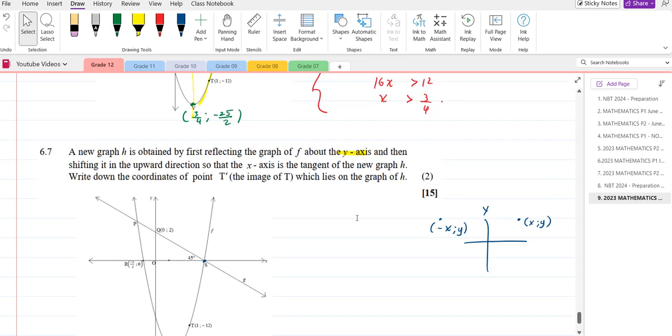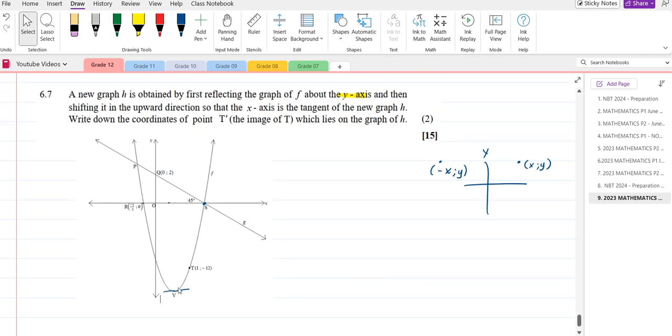And then shifting it in the upward direction so that the x-axis is a tangent to the new graph h. So in other words, you need to shift it by 12.5 upwards. Right, so write down the coordinates of the point T, the image of T which lies on the graph of h.